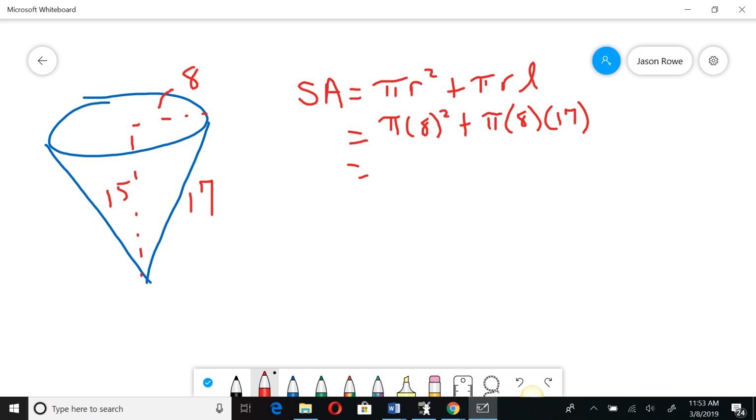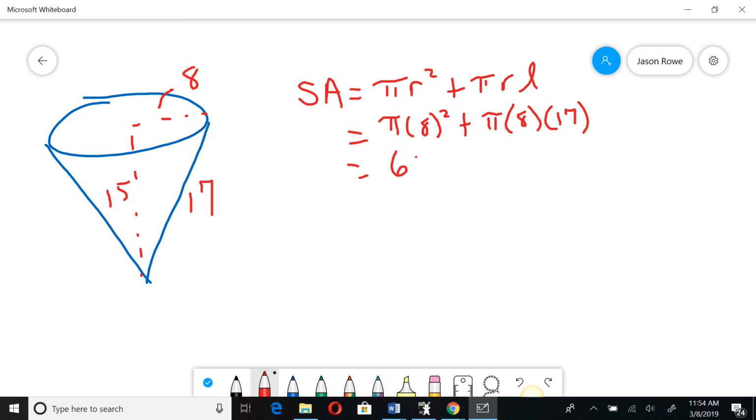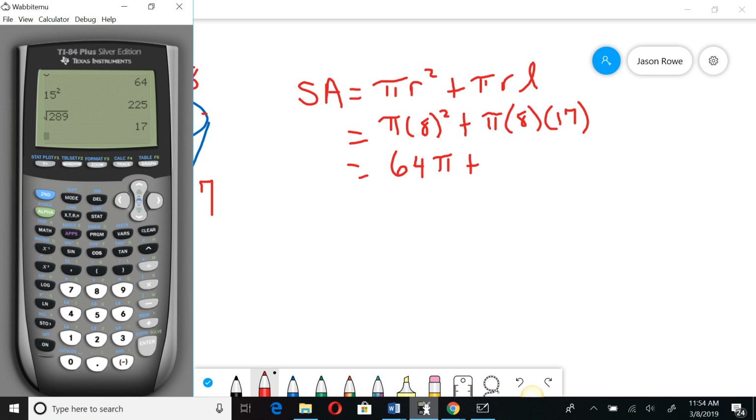And again, don't worry about pi until the end. So let's see here. We got 8 squared, which is 64. So that's 64 pi plus, and we're going to do 8 times 17. That's 136 pi.